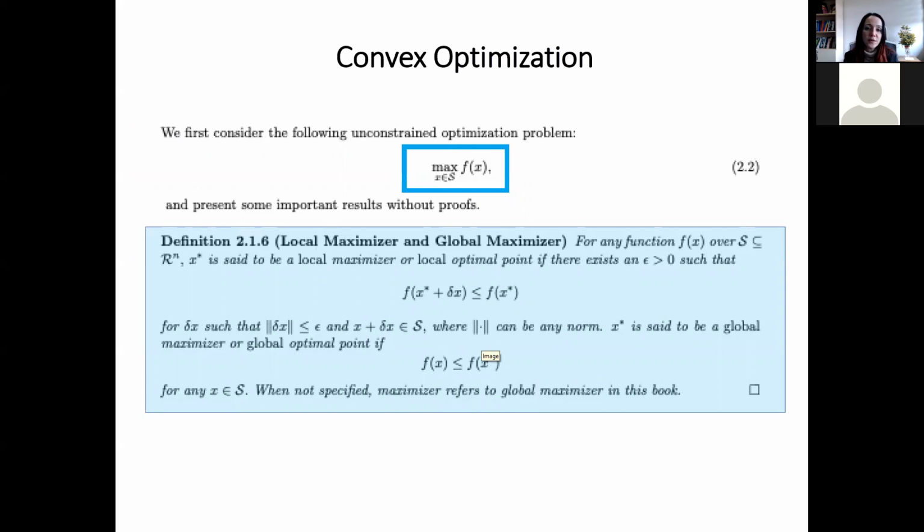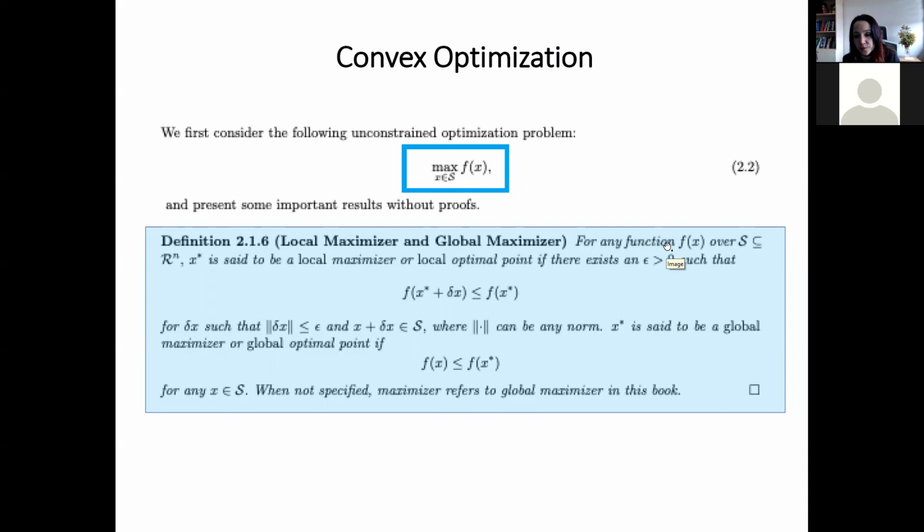Now that we are equipped with the basics, let's talk a little bit about convex optimization. First of all, think about an unconstrained optimization problem. We have a convex set S, and we would like to maximize the value of a function over the set without any constraints. So first we can define local maxima and global maxima.